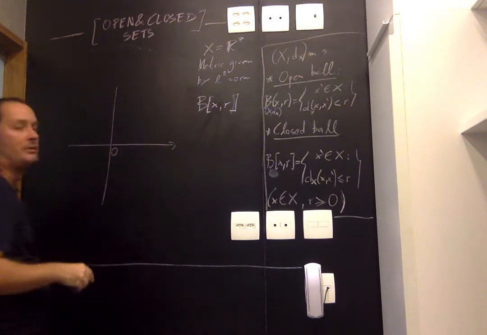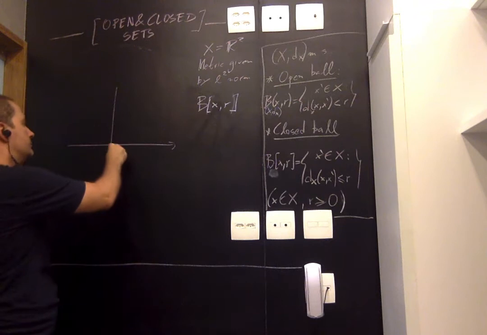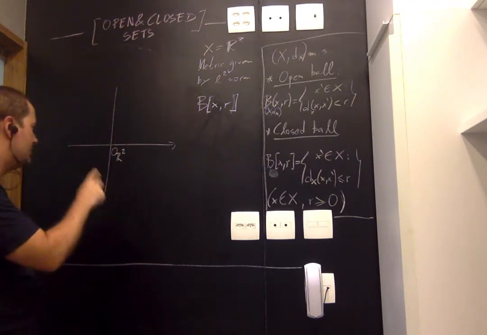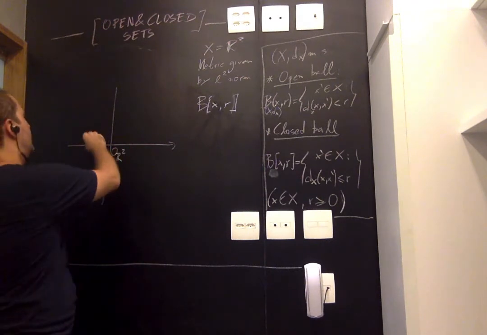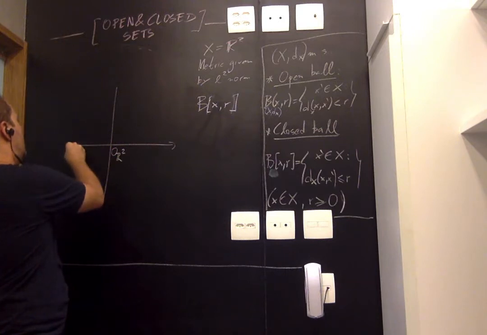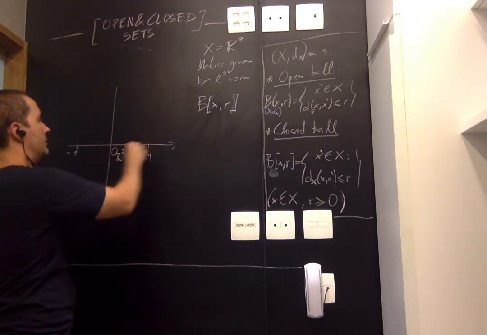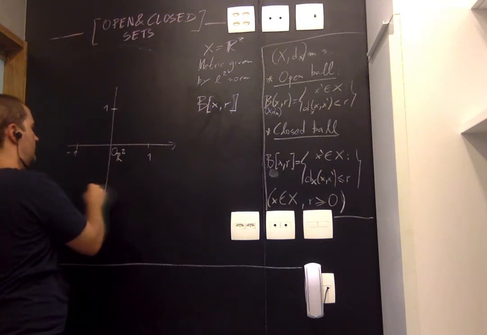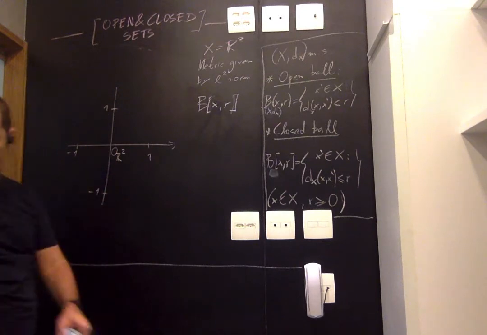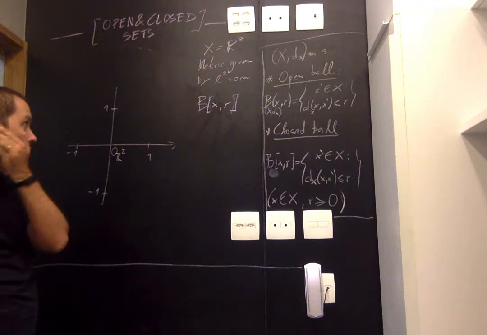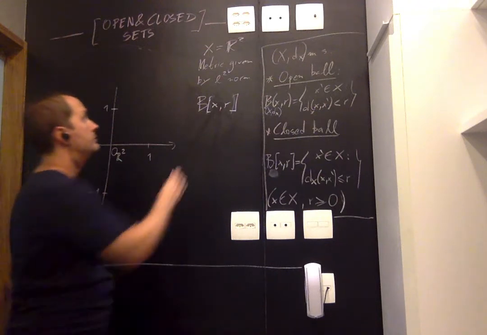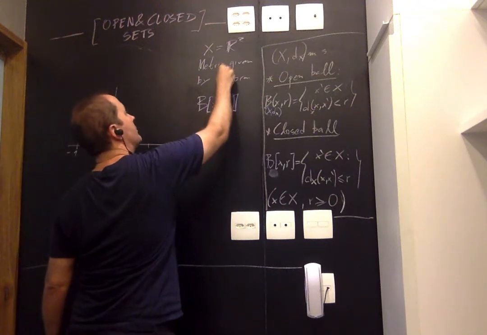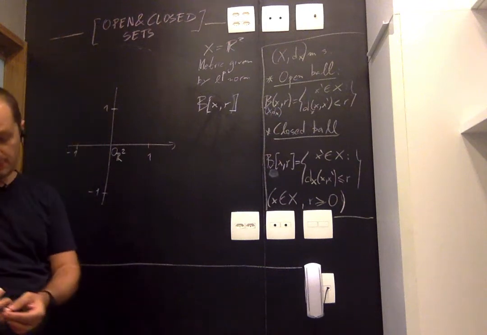I'm going to draw balls around (0, 0) of R2, with minus 1 and 1 on the horizontal axis, and 1 and minus 1 on the vertical axis. Now I'm going to draw three balls for you, the balls of the Lp norms.